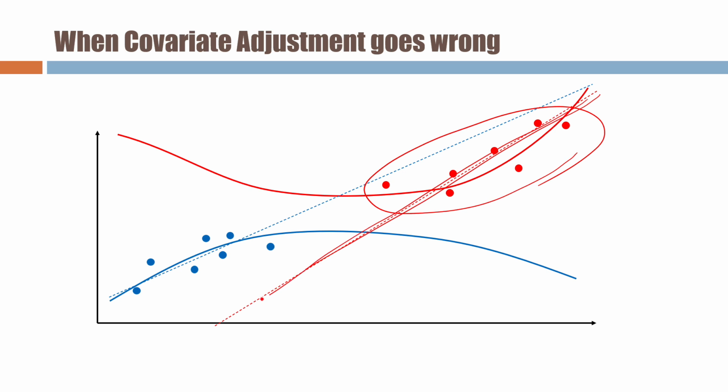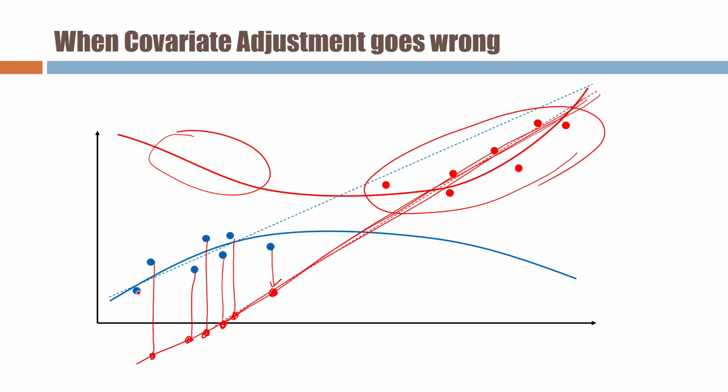So if you're using the prediction of regression here, all these counterfactuals will point here. This is totally wrong. Everything should be greater than the blue one, but using this prediction model, every counterfactual of the blue points will be located here. And you can say the blue one is always greater than the red one.